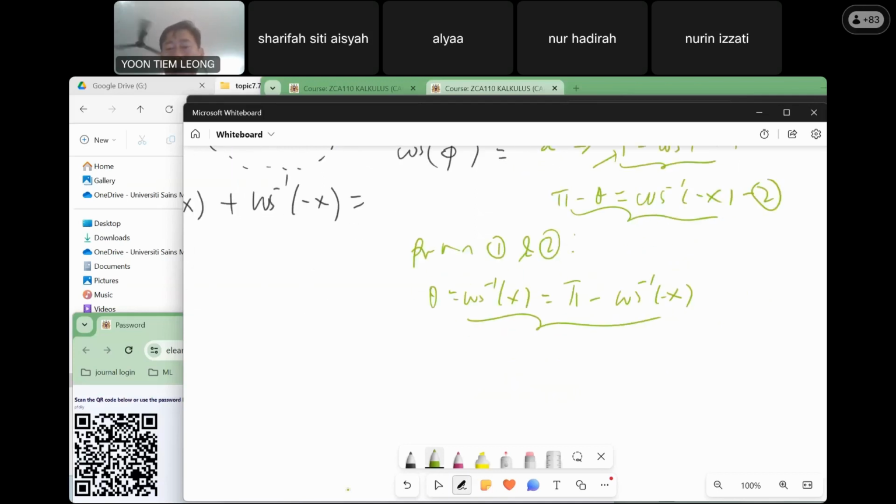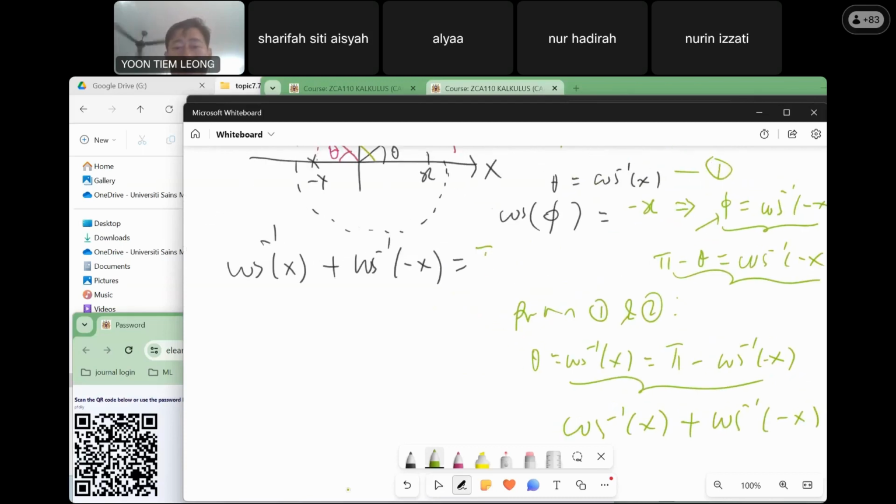So we have this very simple relationship that the sum of arc cos of x and arc cos of negative x is a constant of pi. So that is the first identity that relates the arc cos of x to arc cos of negative x.